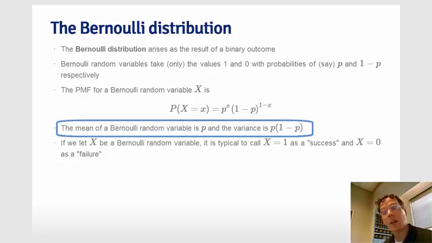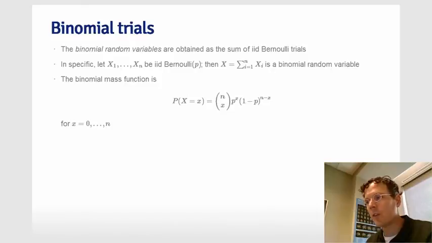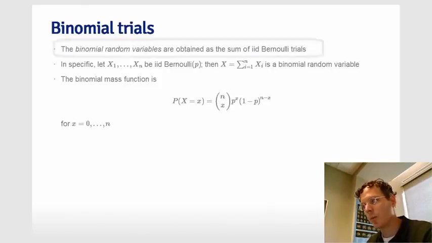We've seen these facts before. And if we let x be a Bernoulli random variable, we typically call x equal 1 a success, regardless of whether or not the outcome is successful in some sense of the word, and x equal to 0 a failure.